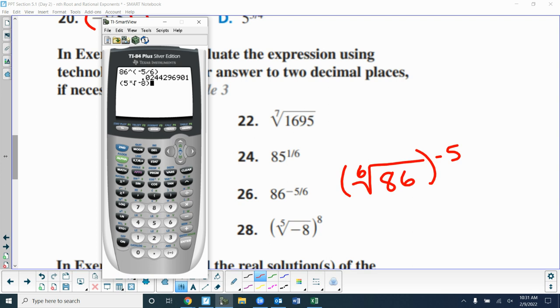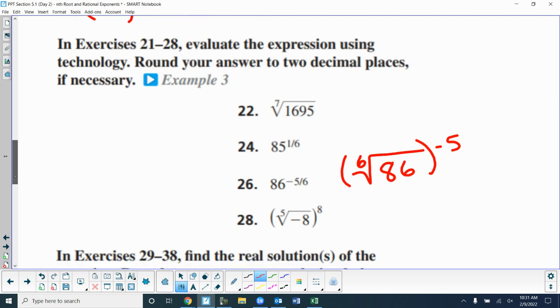And then to the 8th power. 27.86. Is that what I said it was? Is that what the book told me? Yeah, 27.86. All right, again, some of you don't have to use the parentheses like I do with my older calculator.